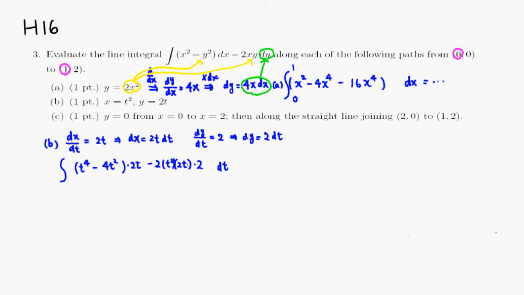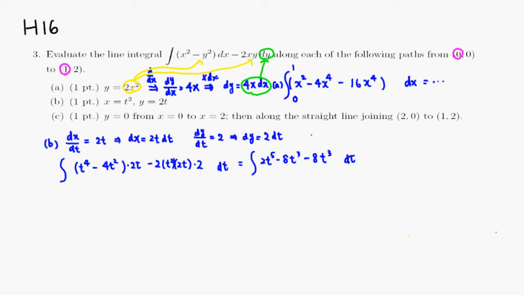If you clean it up, this is an integral. It's going to be 2t to the 5th minus 8t cubed, and then minus 8t cubed as well, dt.